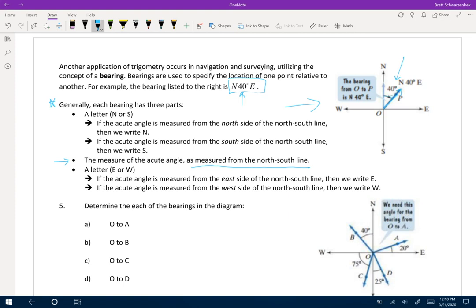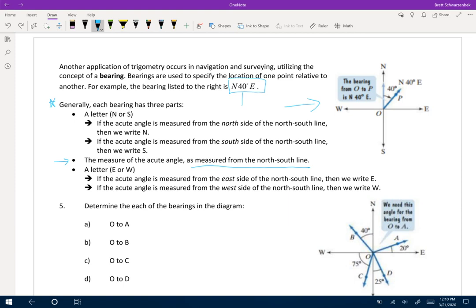This is a key part of bearing measurements, realizing it's actually the opposite of a reference angle. A reference angle is always to the x-axis, which would be here. So just realize that that's going to be a big part of the measurement. And then lastly, the east or west side will also be included, whether it's on the east side or west side of the north-south line.